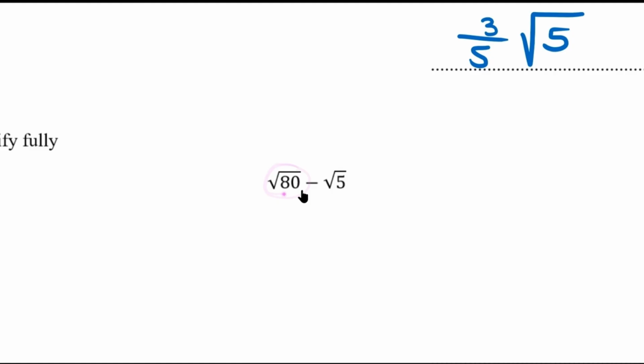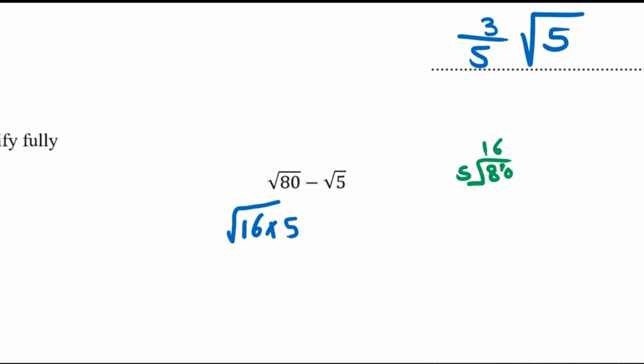In an easy way, you can write 80 divided by 5, which is 16. That means we can write 16 times 5.